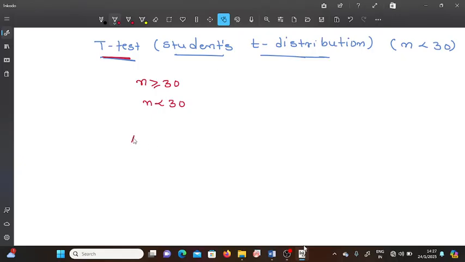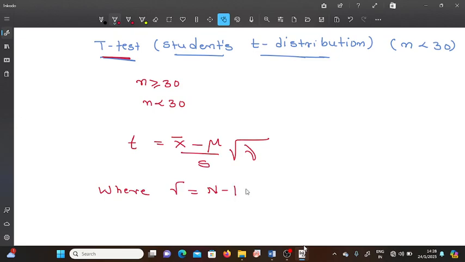Then the t statistic is given by t = (x bar minus mu) by (s into square root of n), where nu is equal to n minus 1, which is called degrees of freedom.